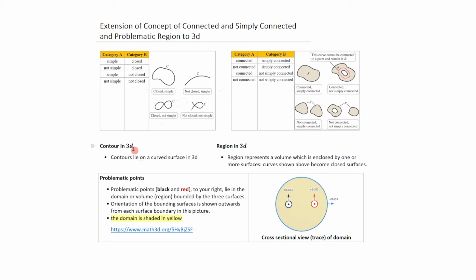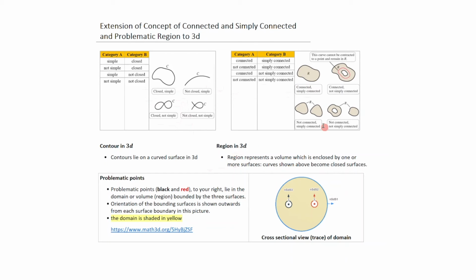So a contour in 3D means a contour that lies on a curved surface in 3D. If we're going to invoke Stokes' theorem, then we're dealing with contours. A region in 3D represents a volume which is enclosed by one or more surfaces. So this would be if we're invoking the divergence theorem.